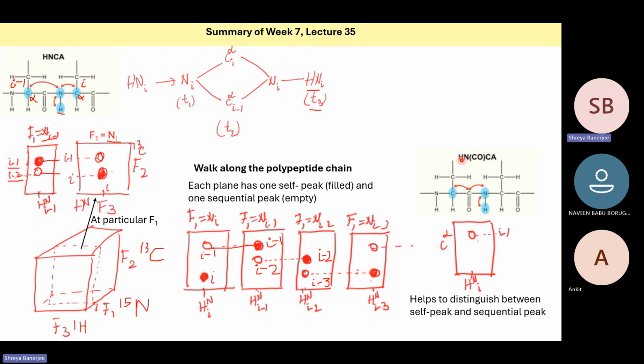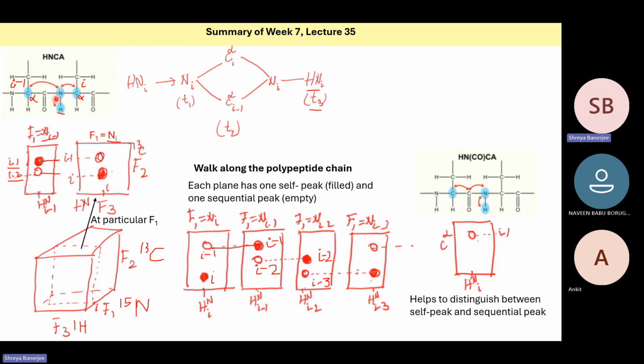In HNCOCA, the carbonyl group is used as a kind of intermediate to help transfer the magnetization. And because the carbonyl group is only on one side, the C alpha of only the I-1 is detected. So if you look at the HNCOCA thing, there will be no self peak.